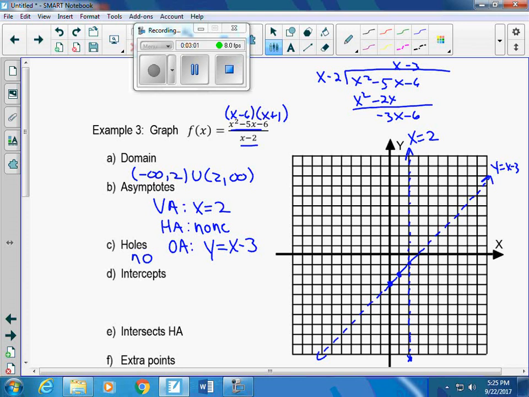So let's start out with your intercepts. Y-intercept. If you let all of these x's up here equal 0, then you get y equals negative 6 over negative 2, which is 3. So you have an intercept point at 0, 3.